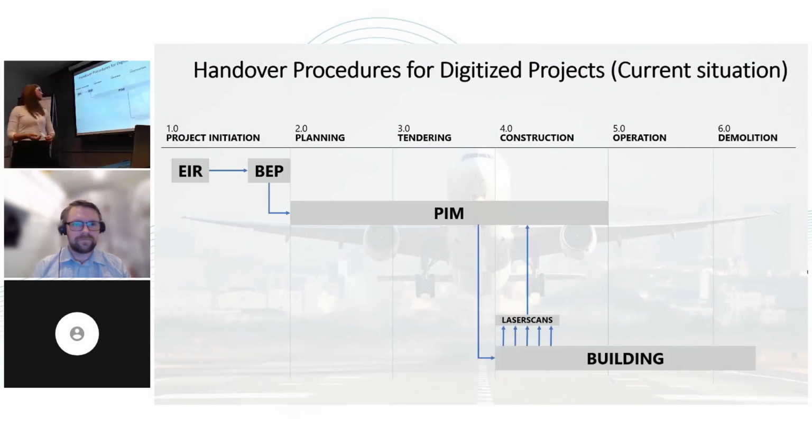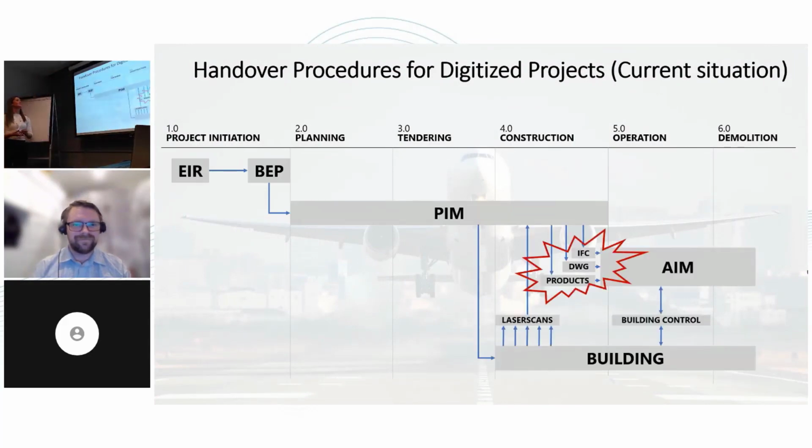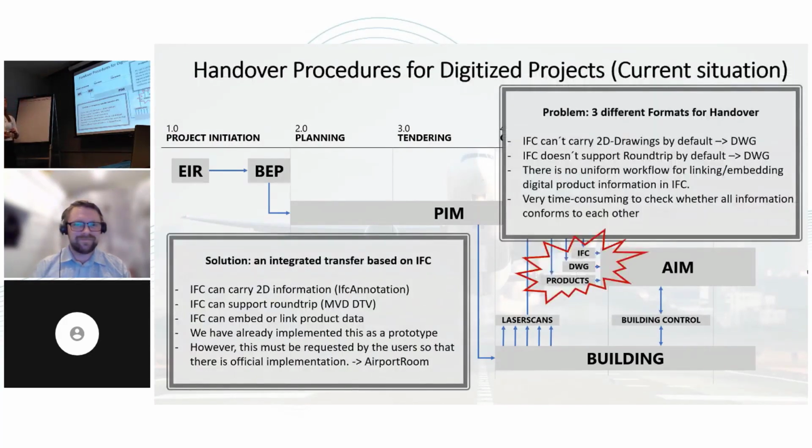So now we need to proceed to more simulation. We try to explain the complicated procedures of handover data, what is actually necessary for us to hand over, and what the problems are.